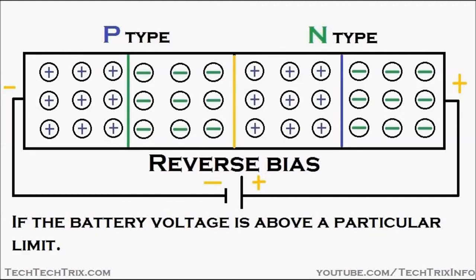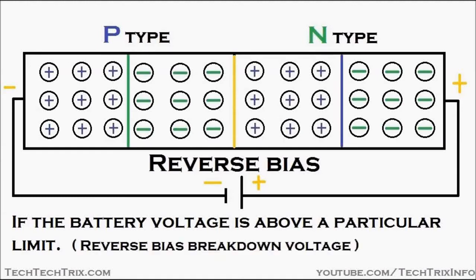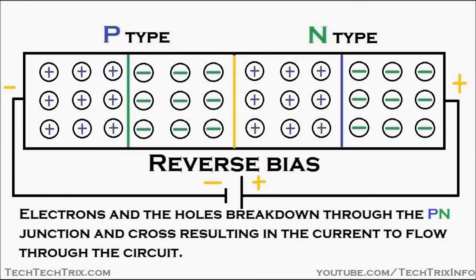But in a particular condition, if the battery voltage is above a particular limit, called the reverse bias breakdown voltage, the electrons and the holes break down through the PN junction and cross this junction, resulting in current flowing through the circuit.